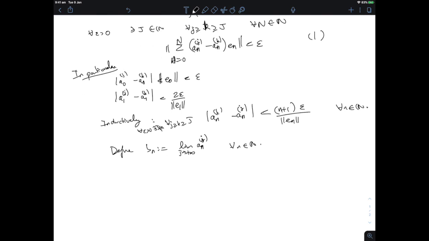Again, from 1, I have that for every epsilon, there exists a J in N, such that for all j greater than capital J, and that's for every capital N, let's take the sup in capital N of the norm of the sum from n equals 0 to N of (a_n^j minus b_n) e_n, which is smaller than epsilon.